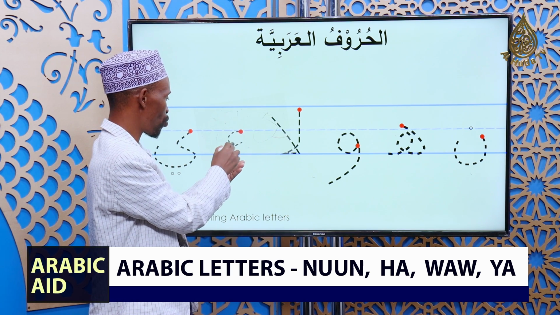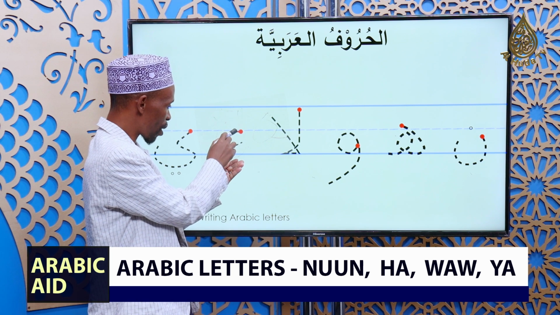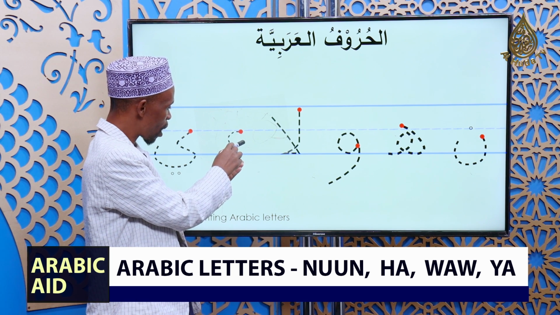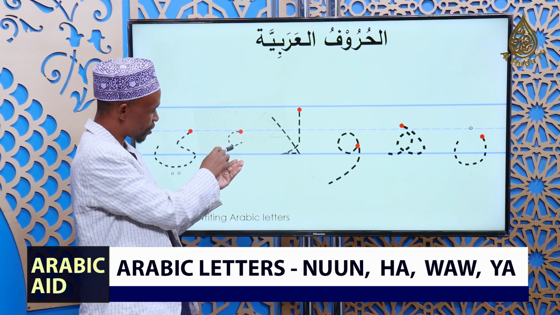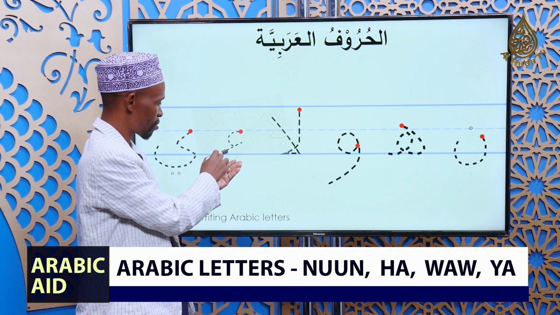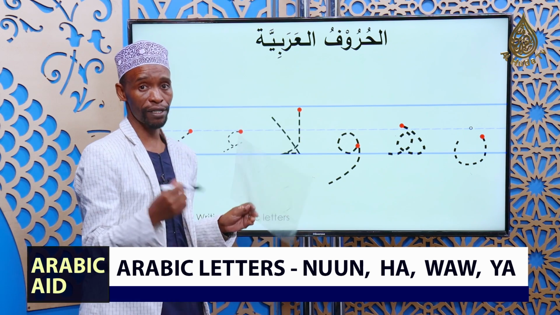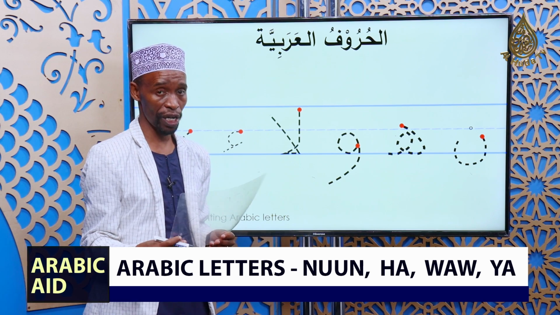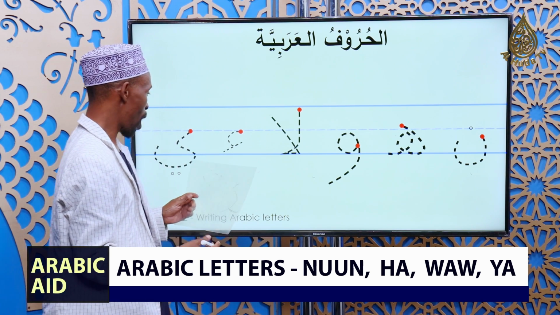Like the way you write ayn, you write a small arc here and then you merge it with a small slight straight line. At that juncture you will have written hamza.